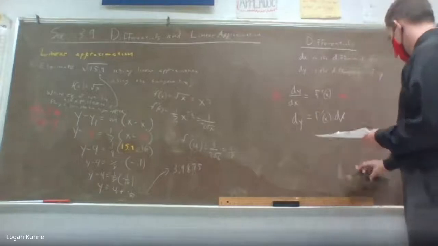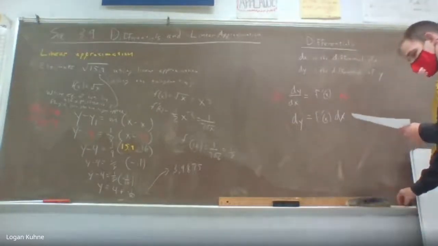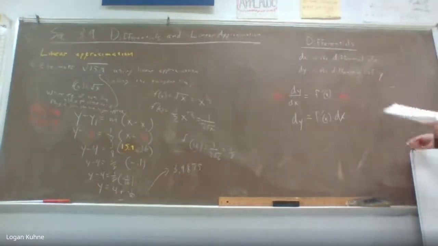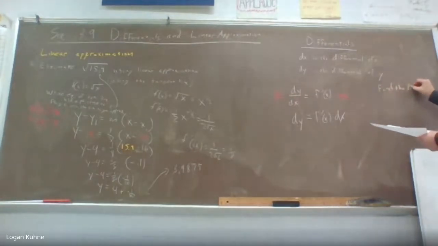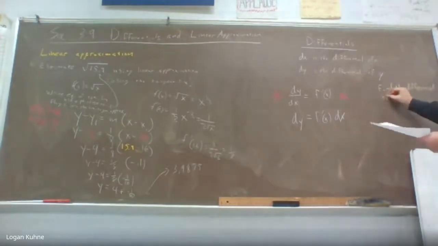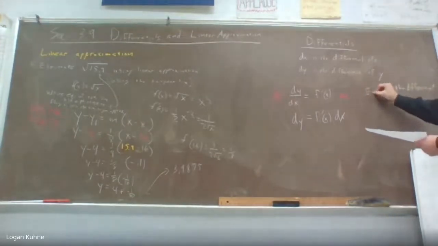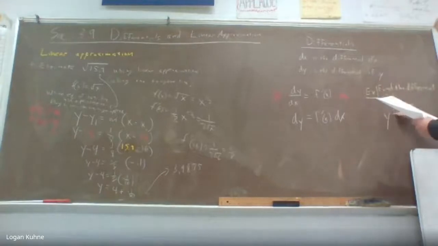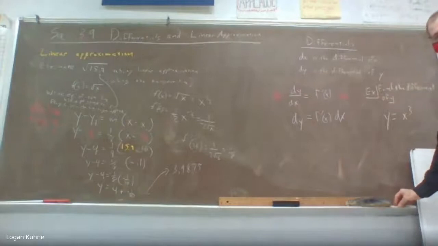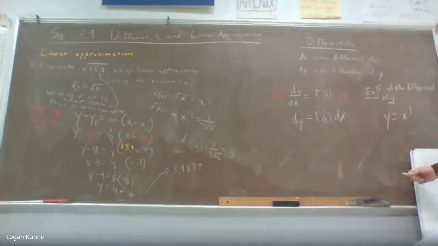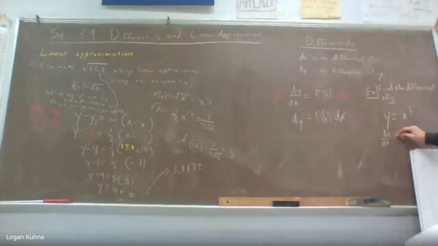So, an example. Find the differential of y. y is equal to x cubed. What's the differential of y? Well, let's take the derivative of this. dy over dx is equal to 3x squared, correct?